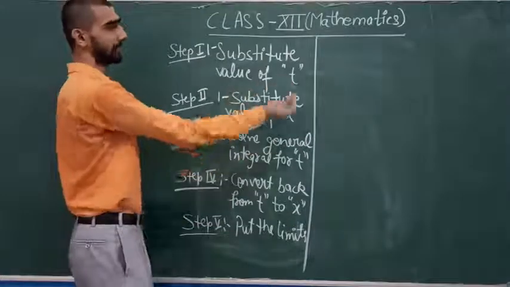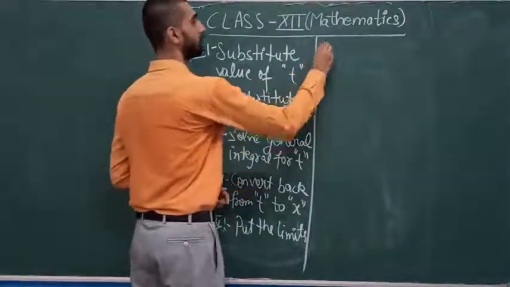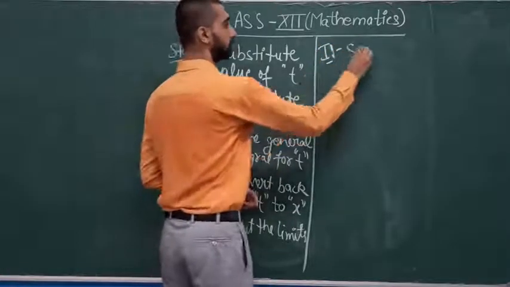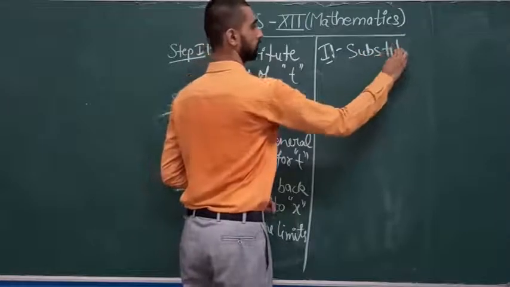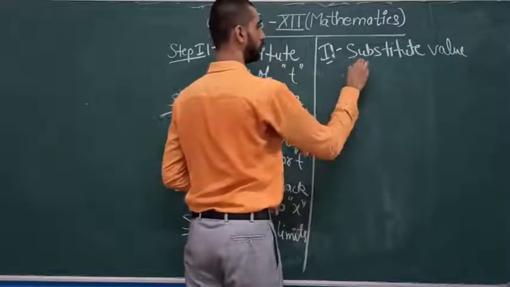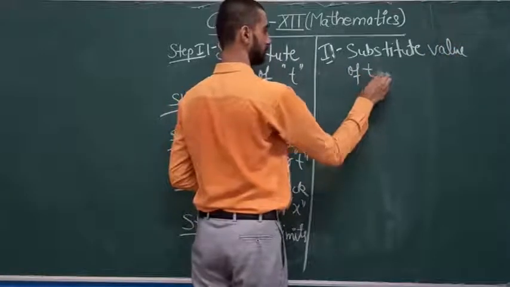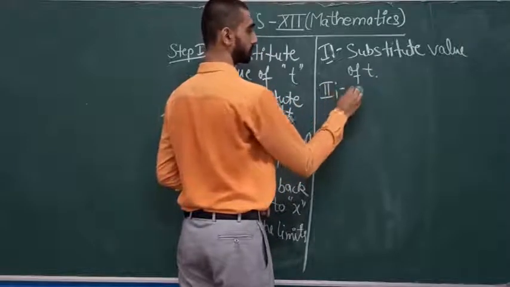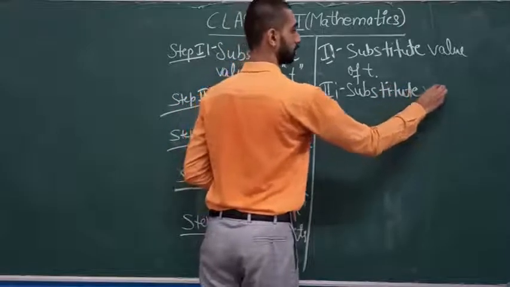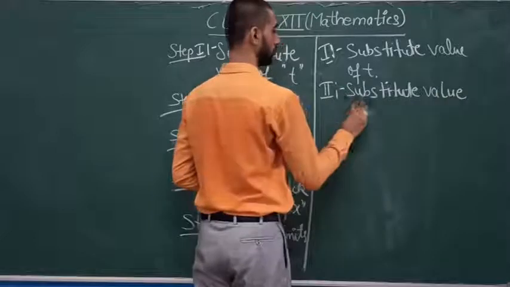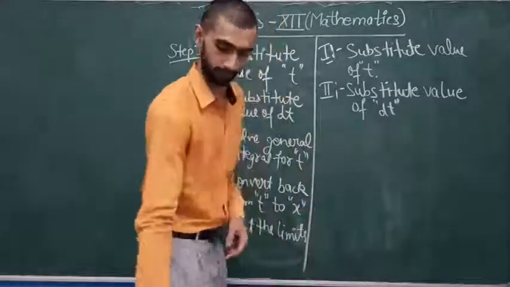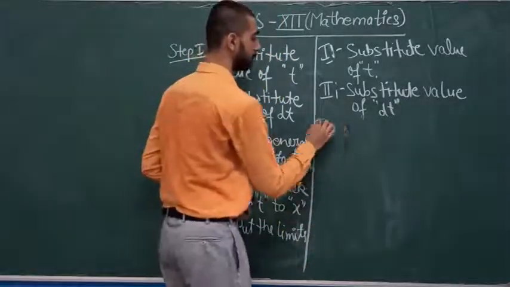Now the second method, the other way we did, in that my step 1 was substitute the value of t. Step second, substitute the value of dt. What was the third step?